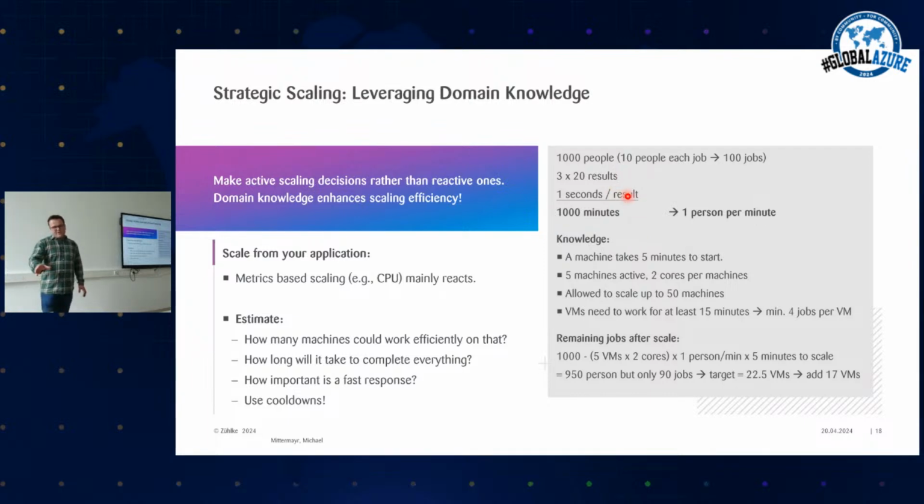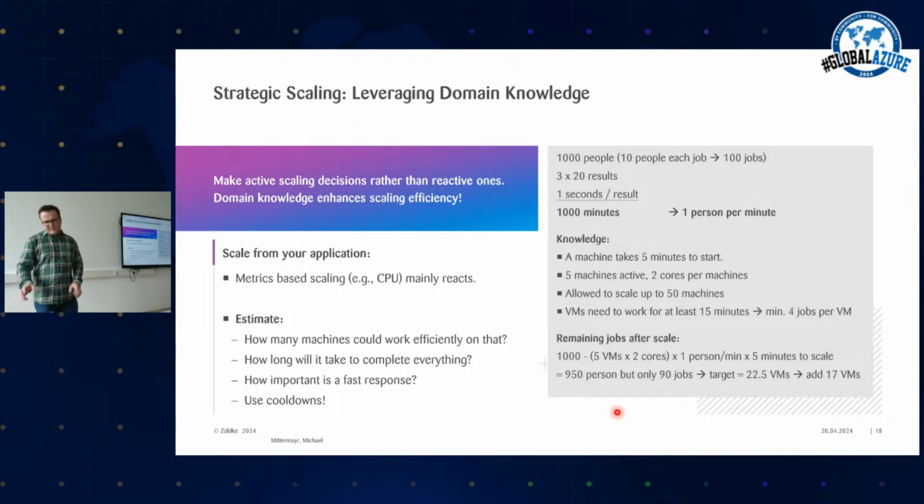And as for my example, I said we are computing 1,000 people with 3 times 20 results, so 60 results each person, and a result takes a second. These are not actual numbers, they are just for demonstration, chosen a bit easier for us to follow. So we have in total 1,000 minutes that we are spending on the computations.